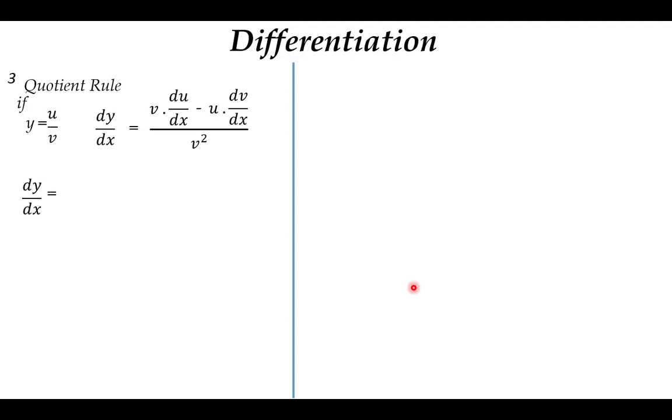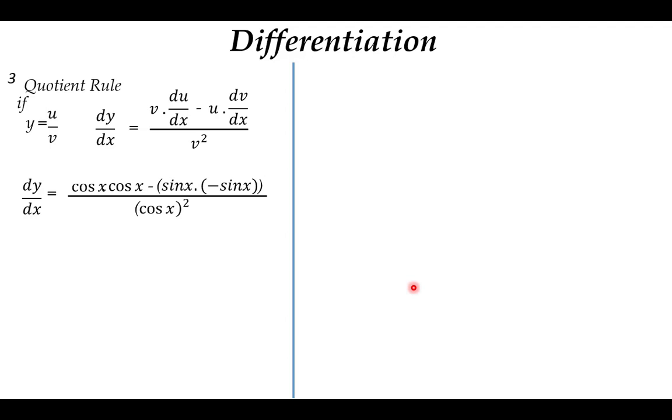We know that v is equal to cos x, times du/dx, which is equal to cos x also, so that will be cos x times cos x, minus, bracket open, because another minus sign was introduced when we did differentiation of cos x, minus, bracket open, sin x times minus sin x, bracket close, all over v squared. What is v? V is cos x, so that will be all over cos squared x.